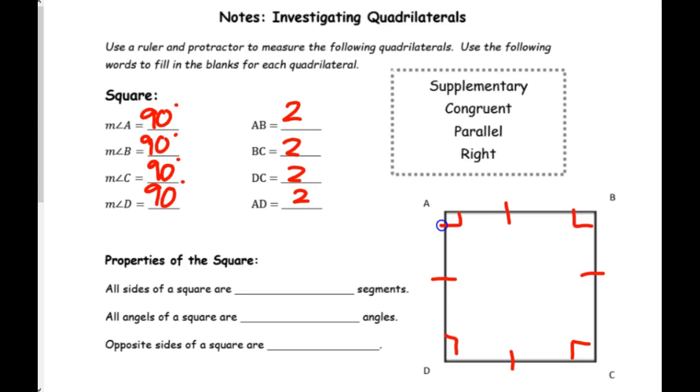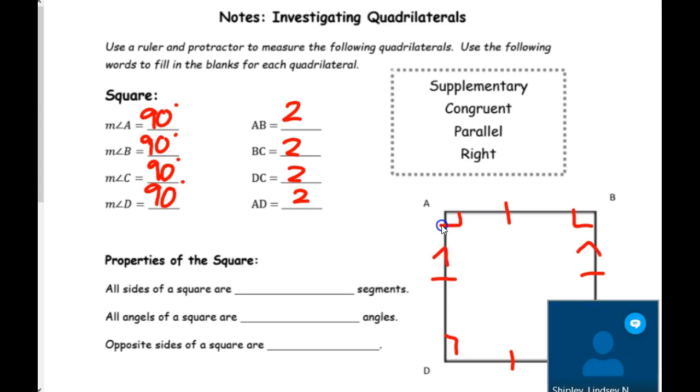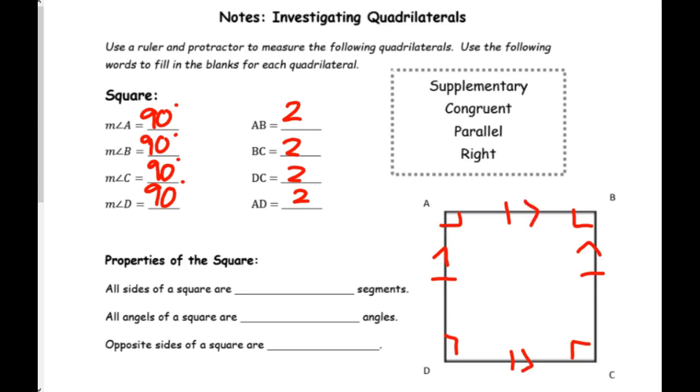Do y'all know how to show that something's parallel? You know what the symbol is for that? It's a little arrowhead. So if you put like an arrowhead here, an arrowhead here, arrowhead here, arrowhead here, that will be parallel. And then we want to fill in those blanks.